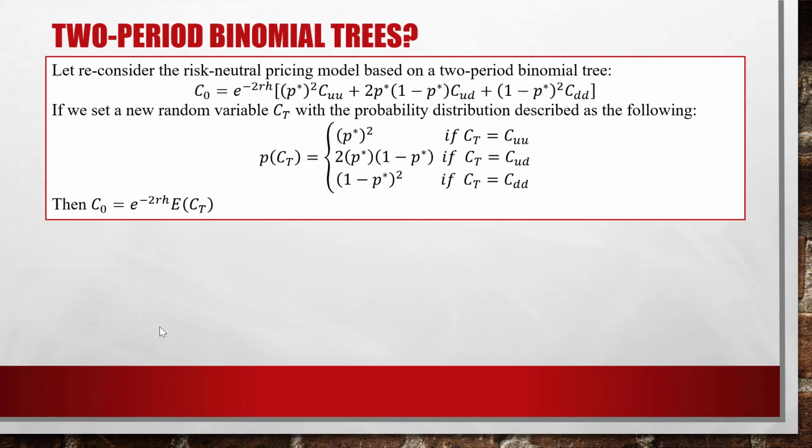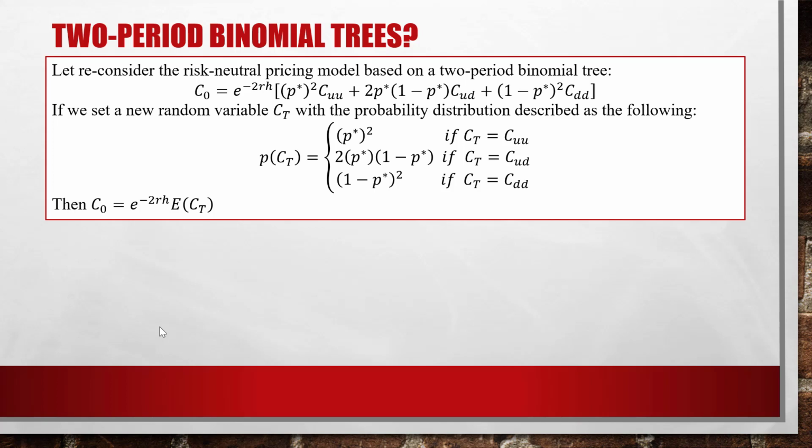Let's reconsider the risk-neutral pricing model based on a two-period binomial tree. Remember that the initial payoff should be e to the minus 2rh times p star squared times Cuu, plus 2 p star times 1 minus p star times Cud, plus 1 minus p star squared times Cdd.